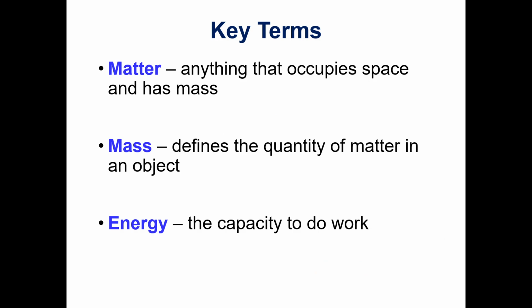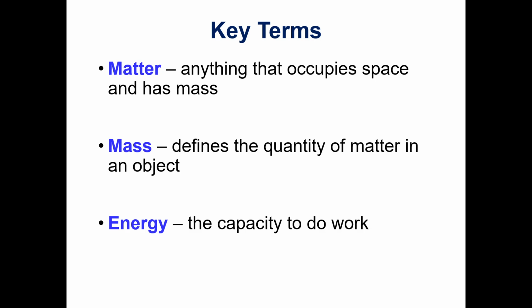So to define a few things here, matter is anything that occupies space and has mass. So everything that you see around you is matter. The chair that you might be sitting in is matter. Tables are matter. The floor, everything around you, the air that's around you is matter.